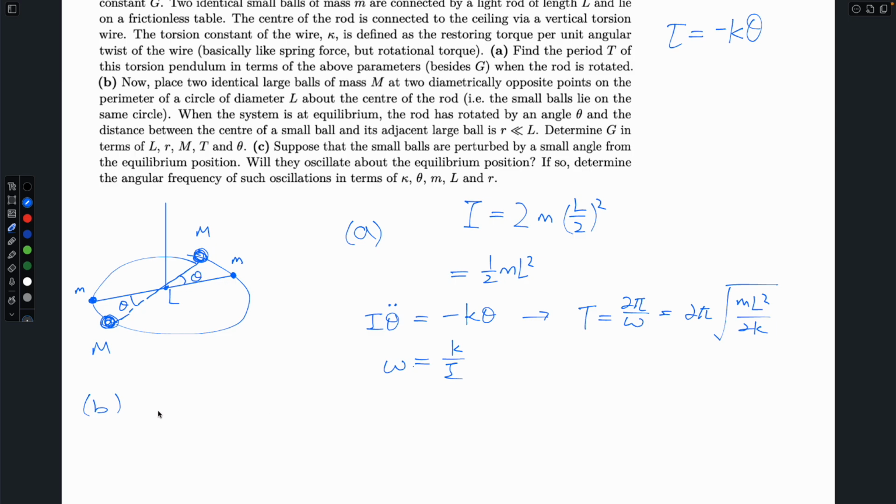For this one, you simply use gravitational force. So G M m over R squared times L is equal to K times theta. So you should get G is equal to 2 pi squared R squared L theta over something, I think.